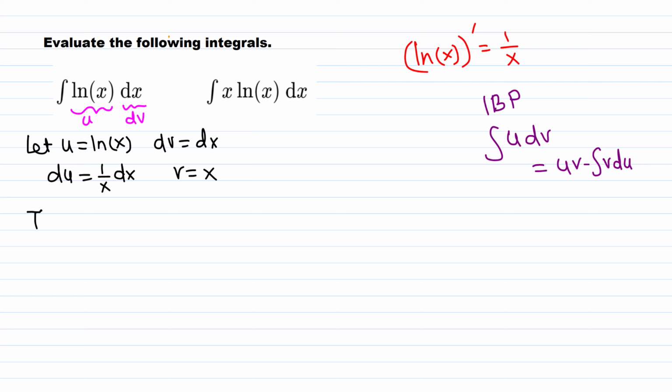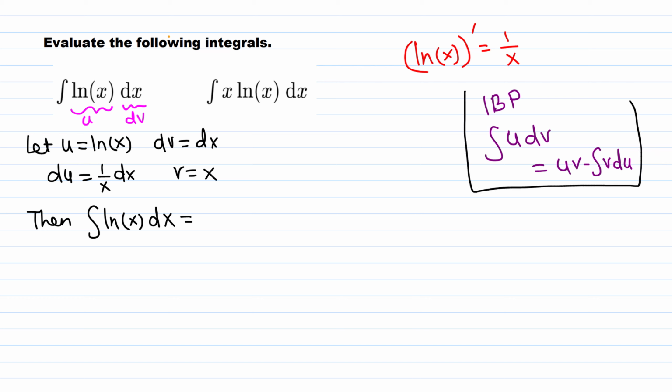Then this integral, natural log of x dx, using the formula u dv, is uv, natural log of x times x, minus the integral of v du, x times 1 over x dx. And here x and x cancel.